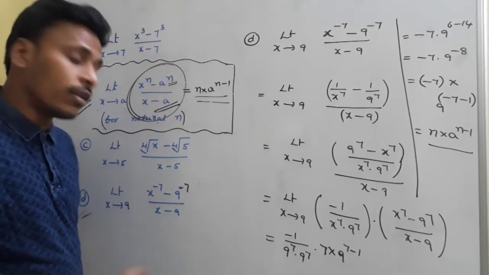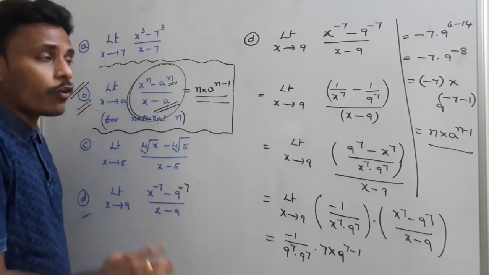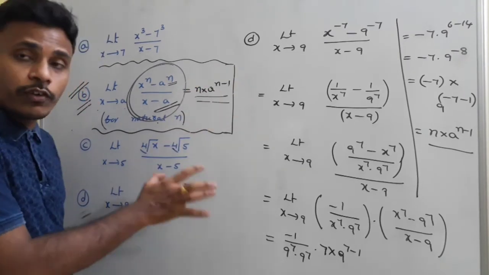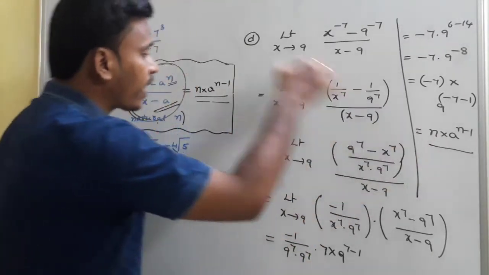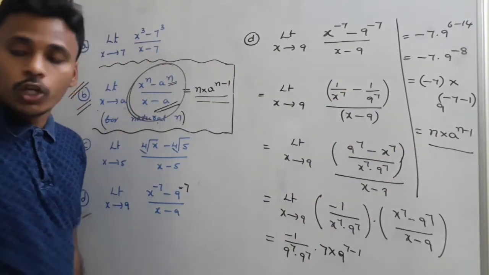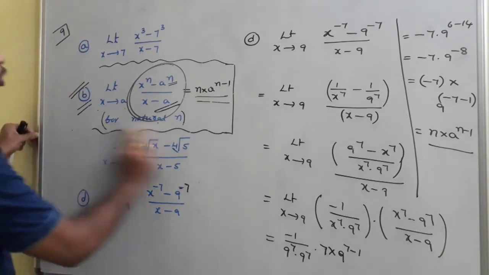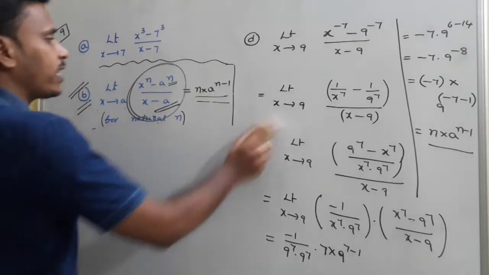How is it acceptable? If n is an integer, first of all you just solve it in the normal way. At the end, the final answer again satisfies the same format. So from this what I conclude is, you just erase everything.